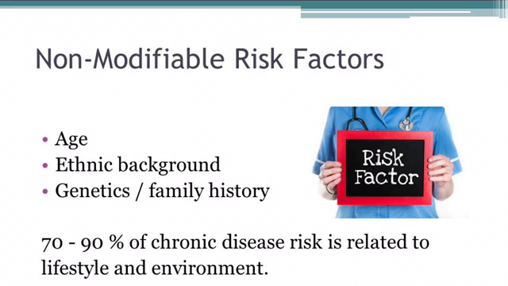However, they are a minor factor in relationship to all those things that we do have control over, such as our diet, our exercise patterns, our levels of stress, whether we maintain weight or don't maintain weight over time. So we'll get into some of those modifiable risk factor areas next.